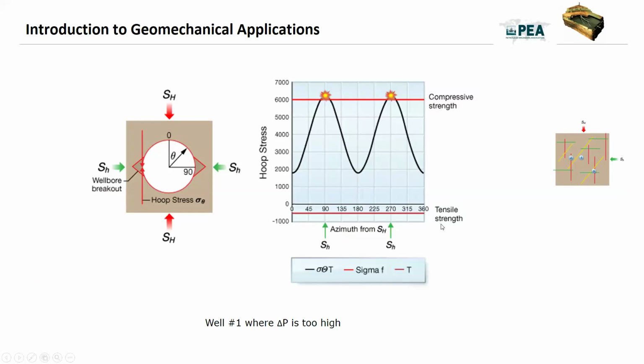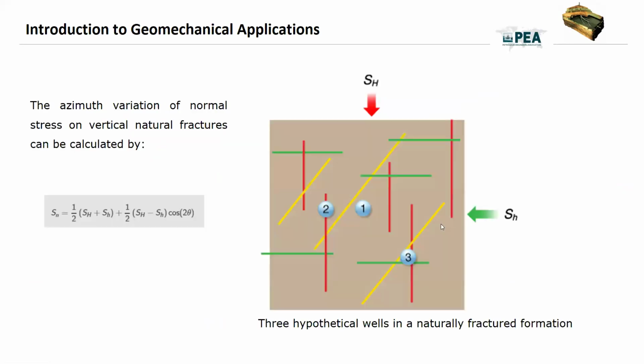Okay, so before, this was well one. Now we have well 2 and well 3, and we will start talking about wells that intersect fractures. Well 2 and well 3 show how natural fractures can affect the maximum well pressure and also influence the geomechanical behavior of the reservoir.